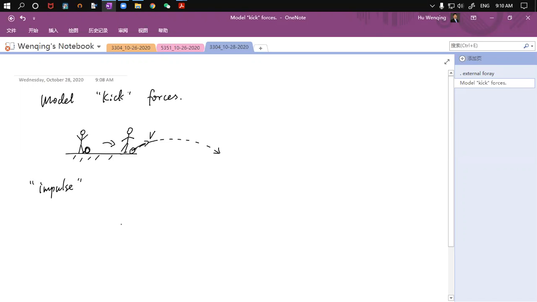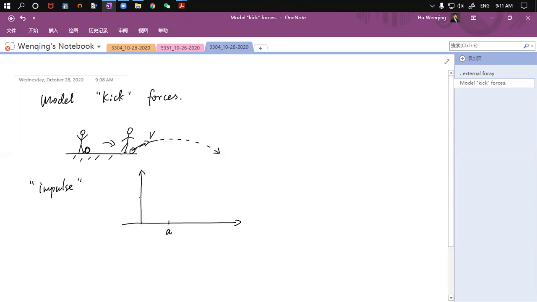What does impulse mean? Impulses vividly describe the interaction process, for example for the football player, just as in this picture. Before a time A, the interaction of the foot with the ball didn't happen.